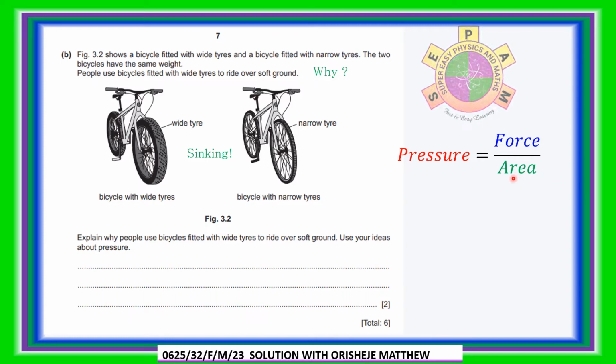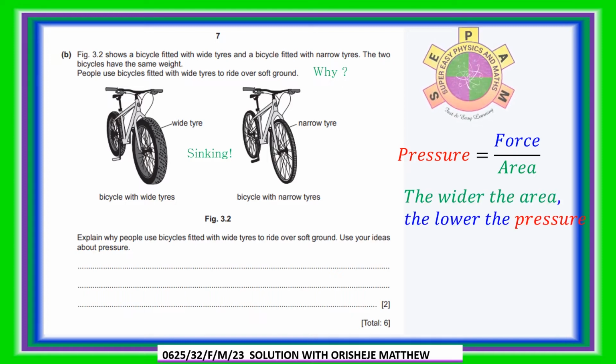proportional to area. So if you want high pressure, then the base area has to be small. So the narrow tire will produce high pressure, which can easily sink on soft ground, while the wide tire has low pressure, and then it can move over soft ground.